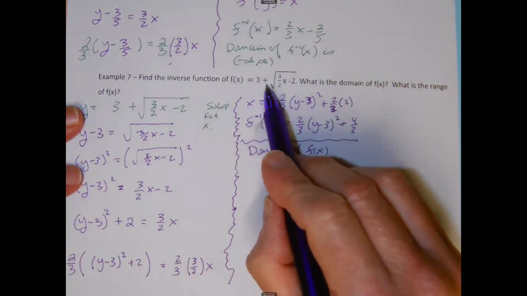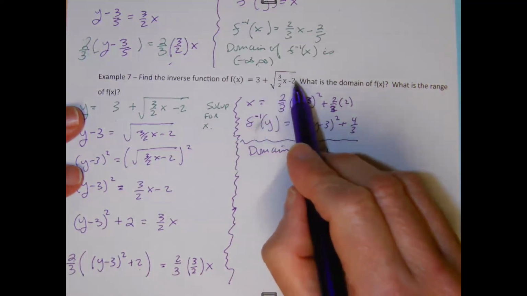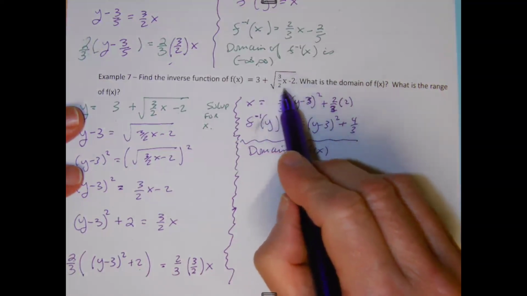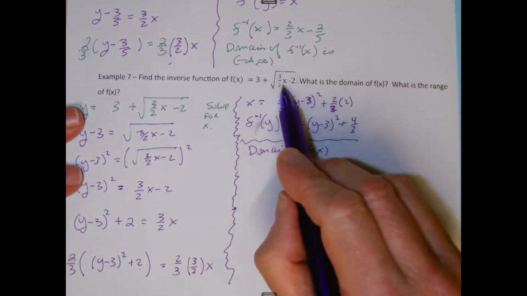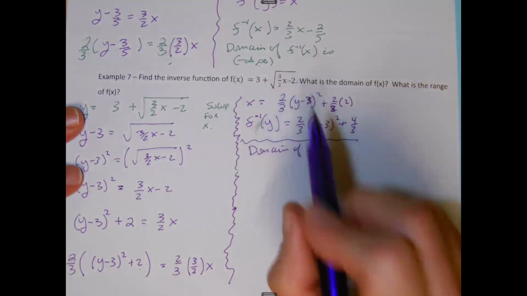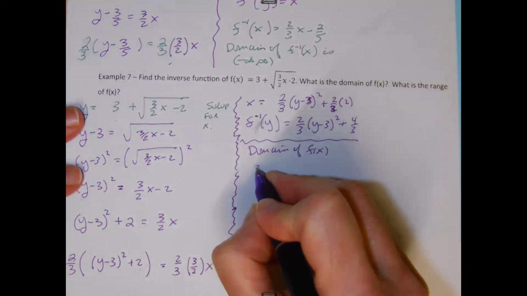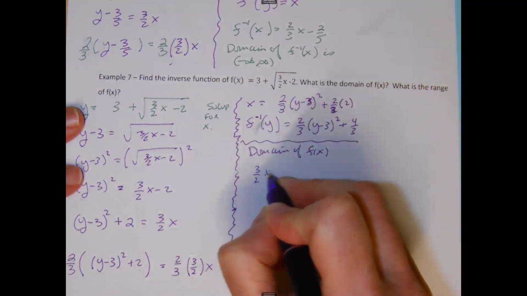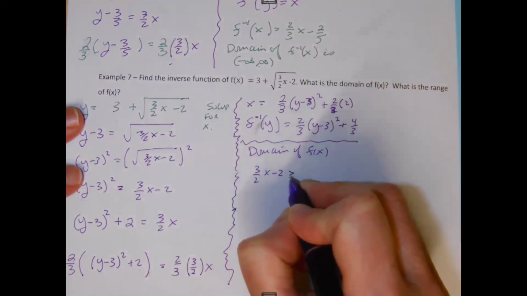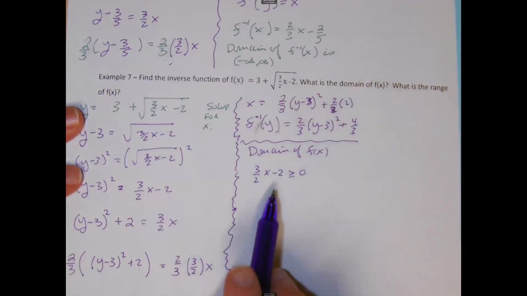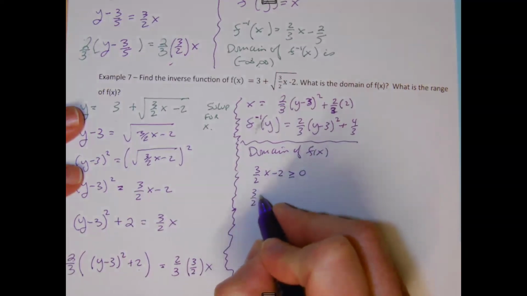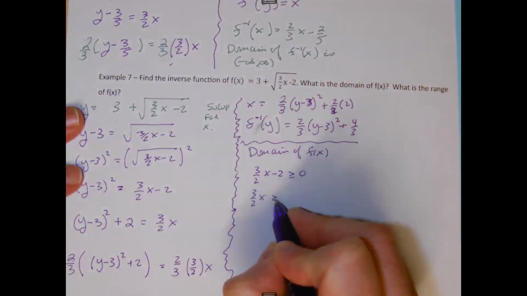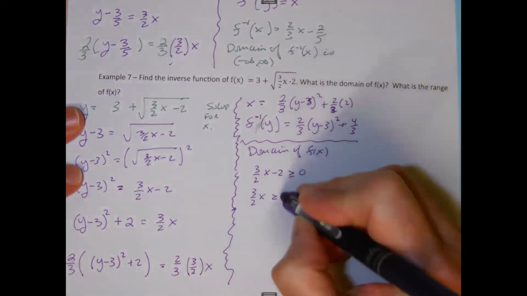All I'm doing is adding 3 to some number. But this being inside the square root is a problem because, again, this radicand cannot be less than 0. It could be equal to 0, this whole thing, or greater than. So just like I've been doing with the roots, I just need to solve this inequality. I'm going to add 2 to both sides.